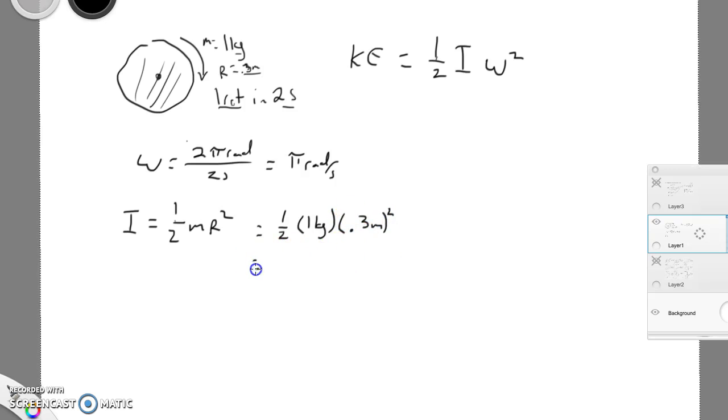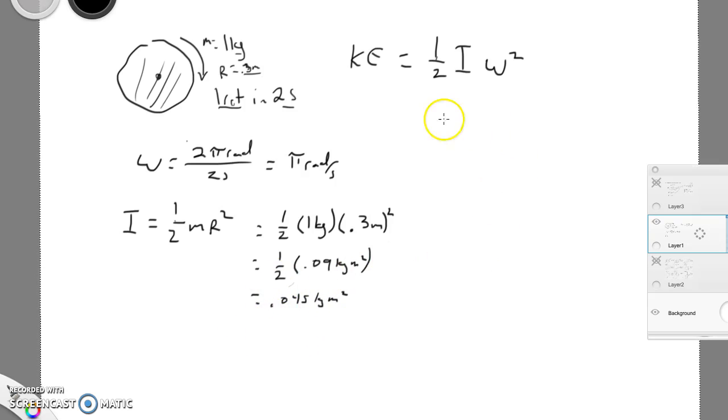Well, m is 1 kilogram, r is 0.3 meters. Now we can calculate it. 1/2 times 0.3 squared, 0.09, so times 0.09 kilogram meters squared. That's going to give us 0.045 kilogram meters squared.